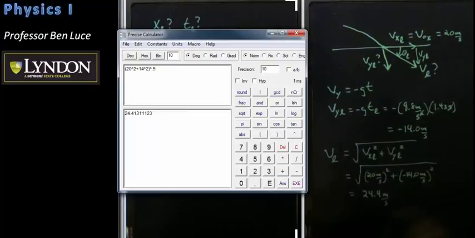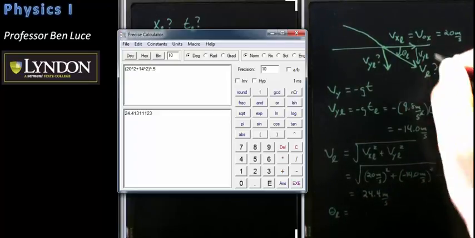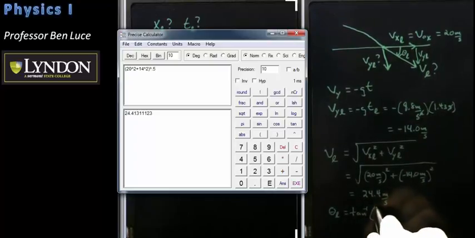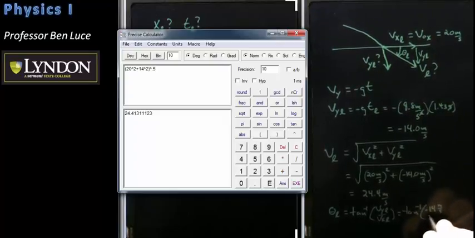Okay, let's now compute the landing angle. The landing angle by this triangle will then be the arctangent, or inverse tangent, of Vyl over Vxl. So we have minus 14 meters per second divided by 20 meters per second.